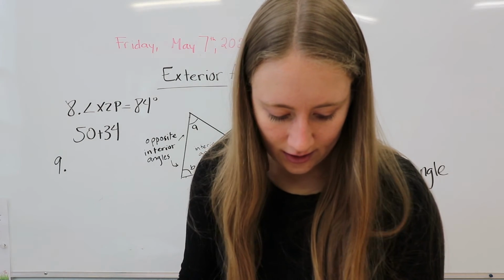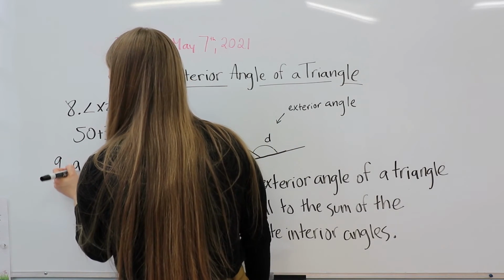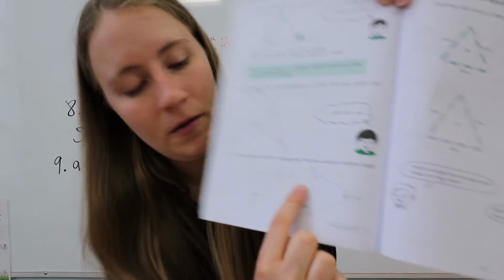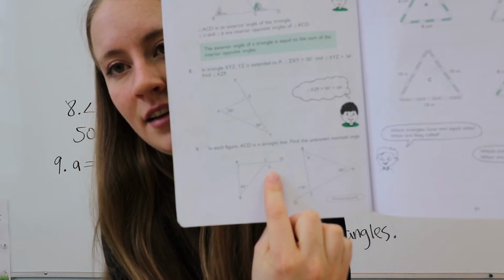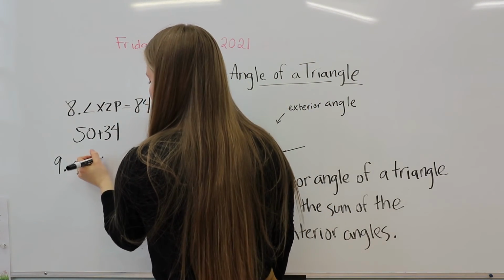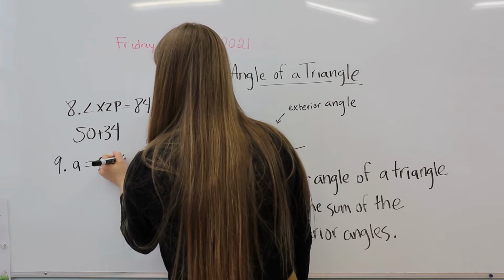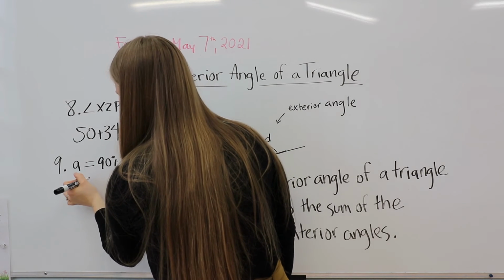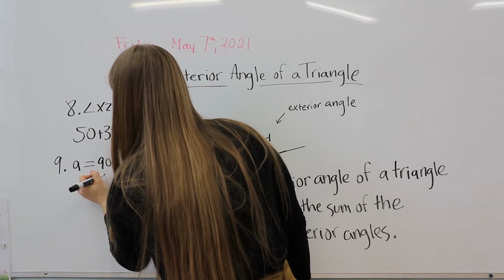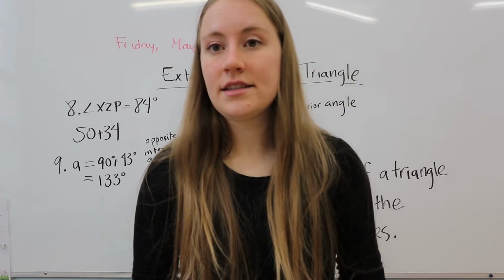So the angle, and we'll label it as A, because that's the letter that we've been given. Okay, so you see that they've labeled the A. Okay, so angle A, and we have to add our opposite interior angles. So we have to add our 90 degrees plus our 43 degrees. Okay, which is going to give us, mental math, 133 degrees.